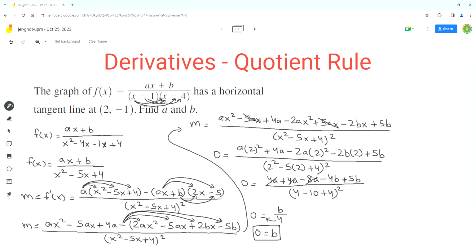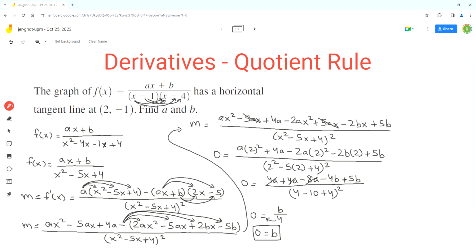Now we have to find the value of a. We are given that the tangent line is horizontal at this point (2, -1). That means this point (2, -1) also lies on the function f(x). So we should sub in x as 2 and function value as negative 1 and then solve for a. I'll use a different color for that.